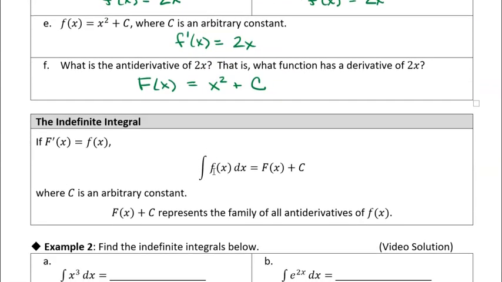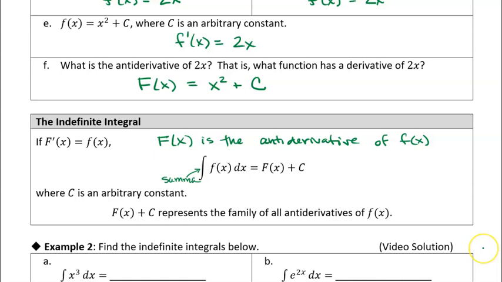If capital F is the antiderivative of lowercase f, that means capital F prime is f of x. So let me write this down: F of x is the antiderivative of f of x.